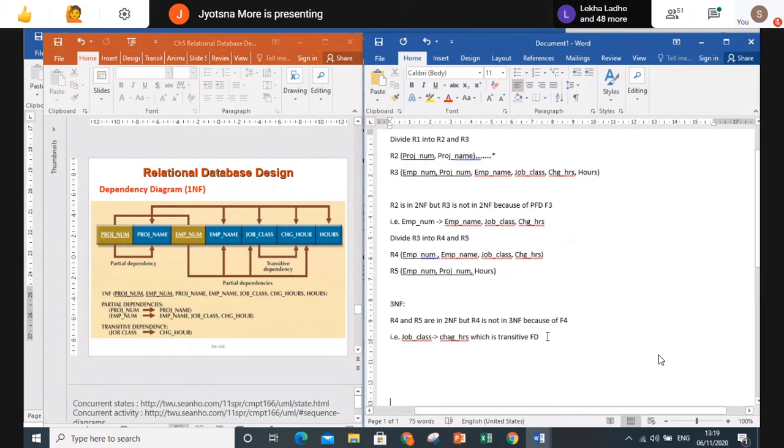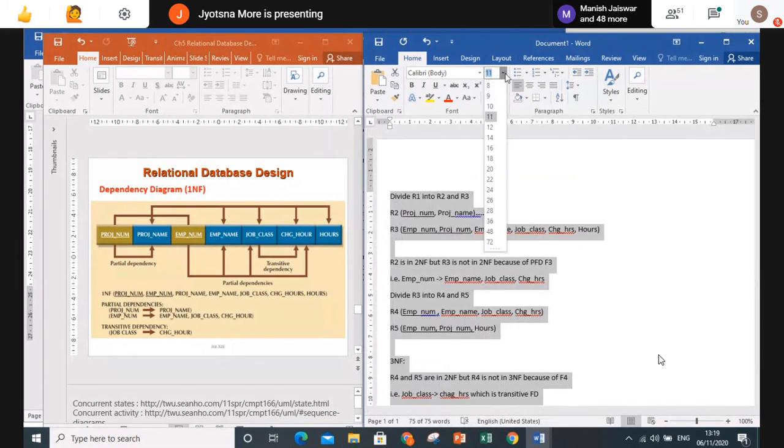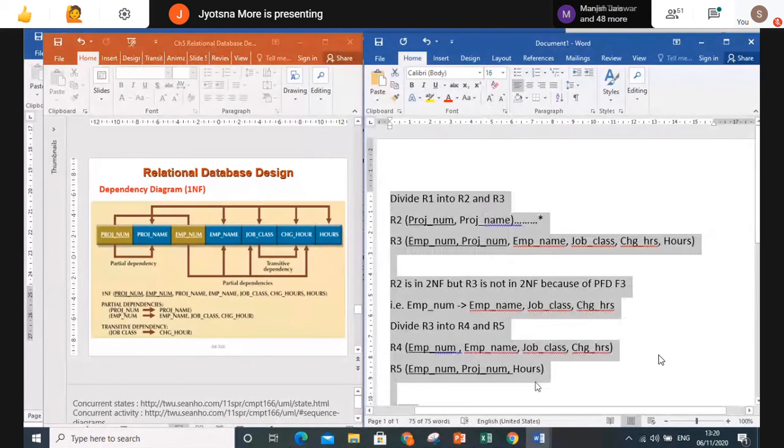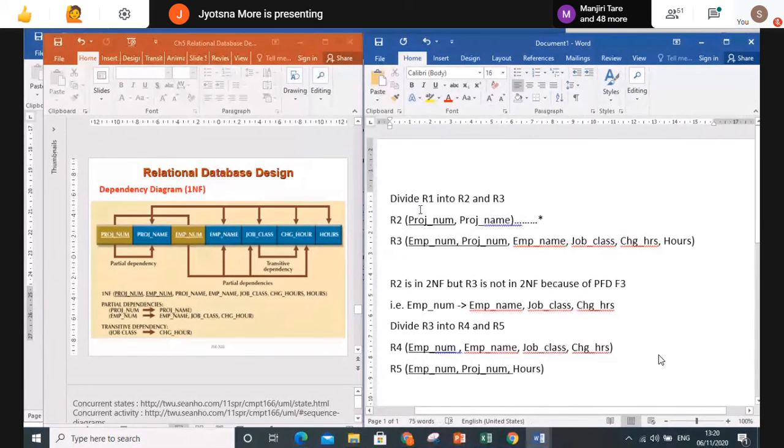Shall I increase the font size over here? Yes, ma'am, a little bit. R2 will also come in? No, R2 is in 3NF. It is final now. R2 by default is now a final answer. It is in 3NF only. We have finalized it. R2 cannot be further divided, right? Till the relation cannot be further divided, you have to check it.